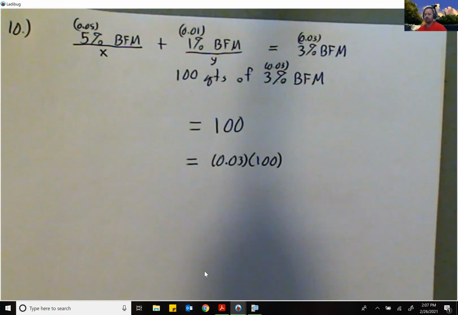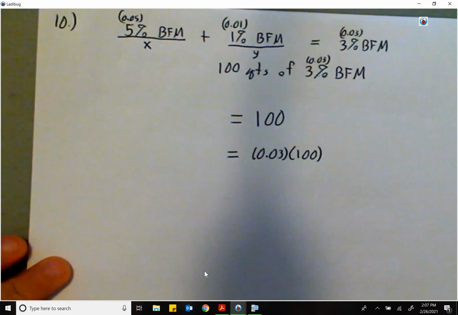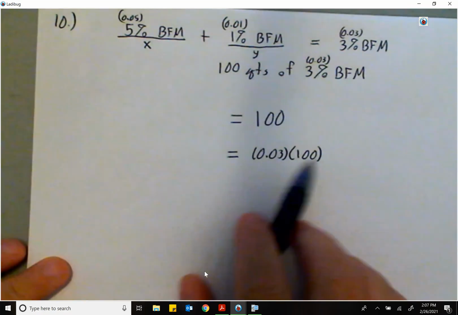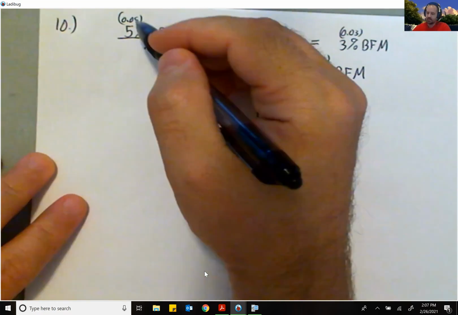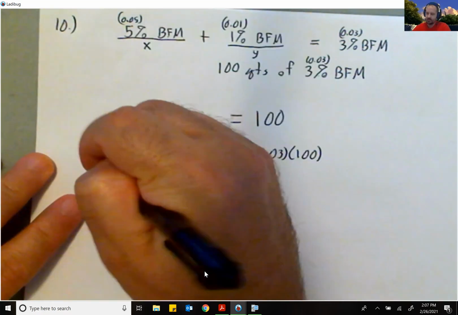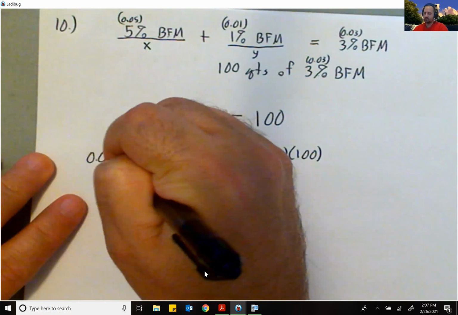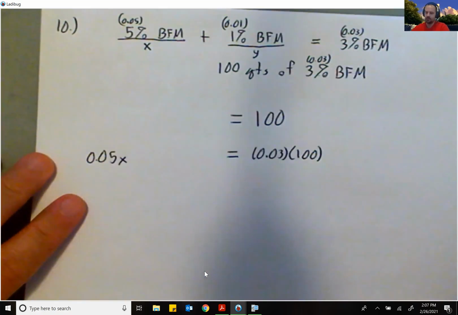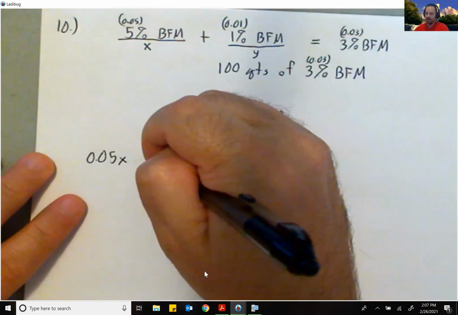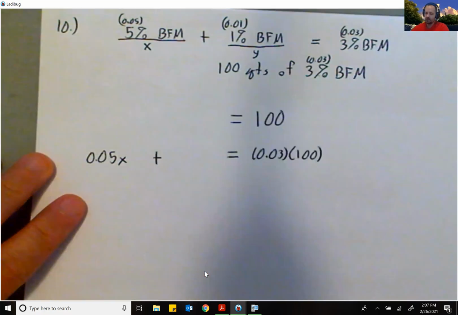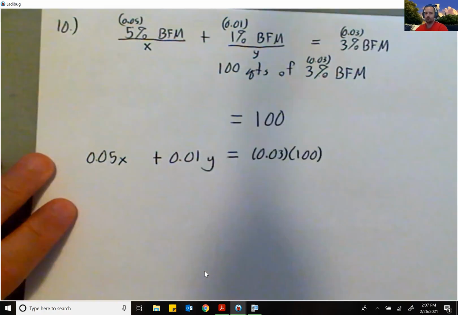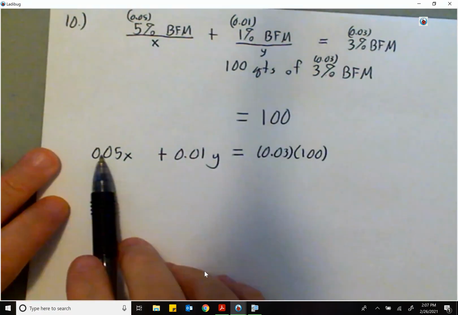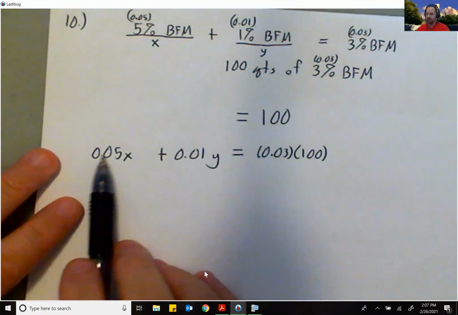So this guy looks like 0.05x, and I wrote that too low, but that's all right, we'll just curve it up, plus 0.01y. Notice this is all about my percentages. Percentage, a percentage, a percentage.